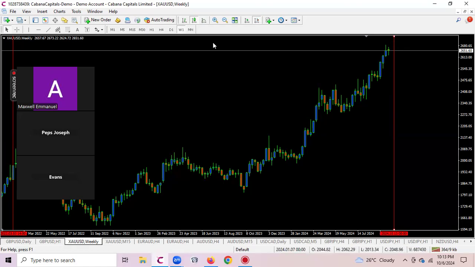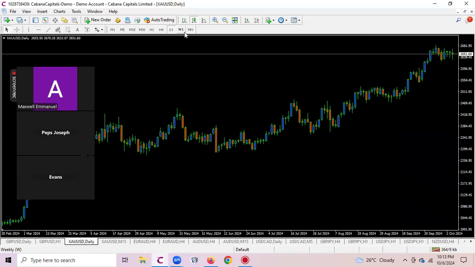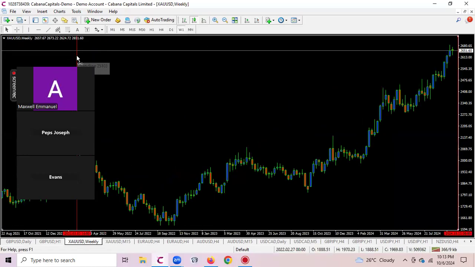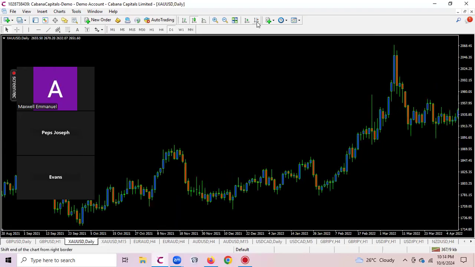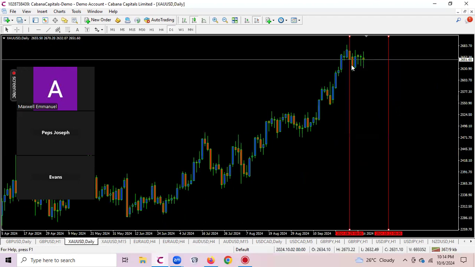So we need to go down to lower time frames now. Last week, I believe a support was created. Let me go back to the weekly time frame and apply my vertical line on last week's candle. 5 candles on a daily time frame make up 1 weekly candle.